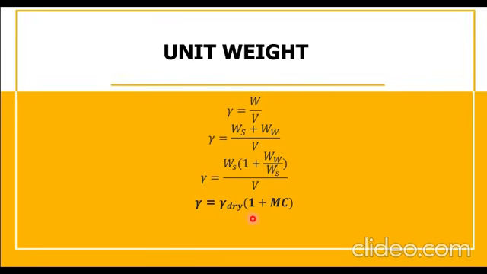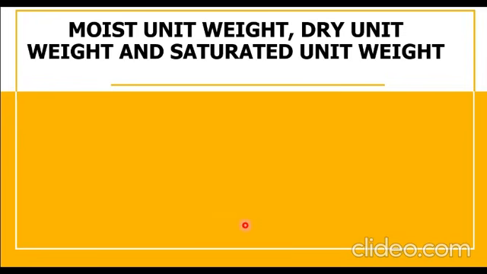Next, we tackle the moist unit weight, dry unit weight, and saturated unit weight. Again, the unit weight of soil is equal to weight over volume. And again, this weight here is equal to WS plus weight of water.